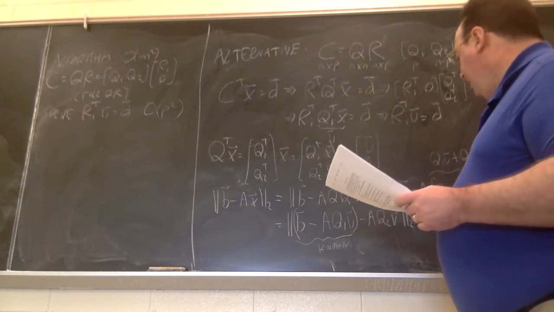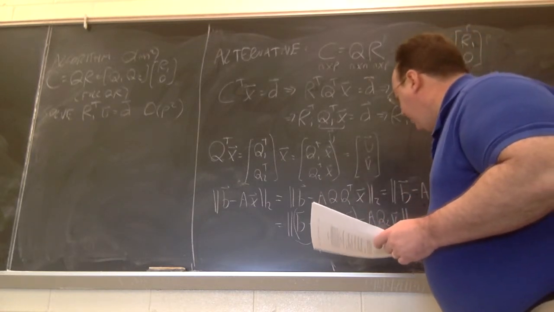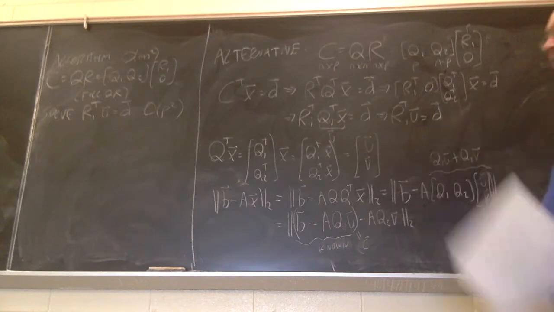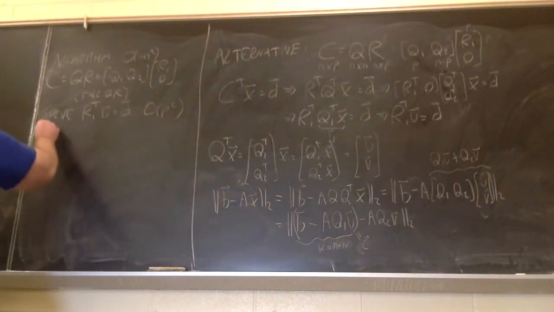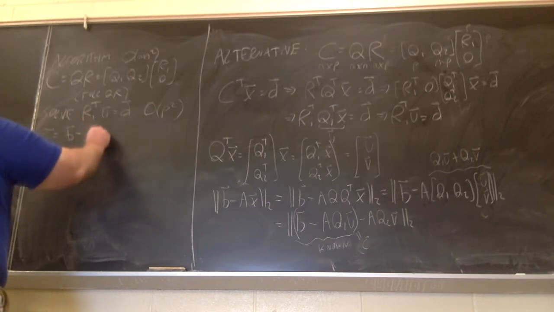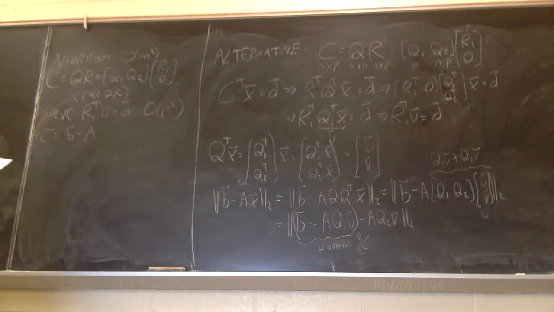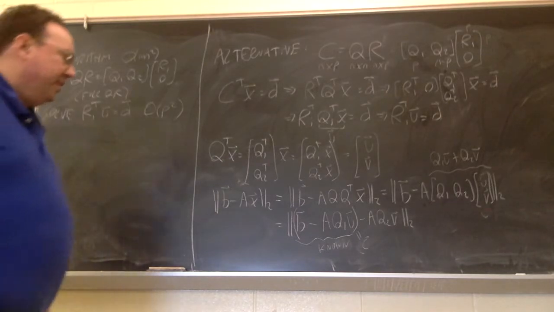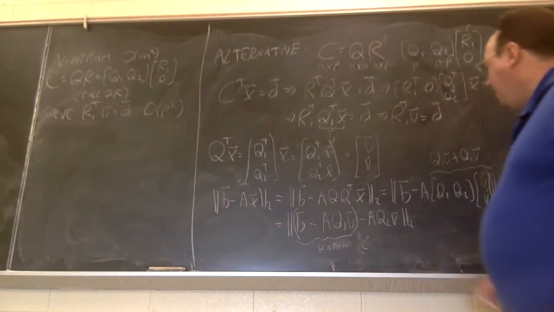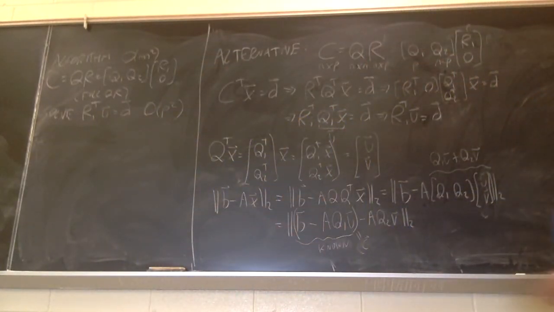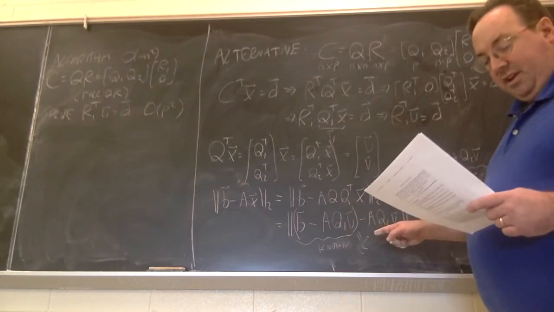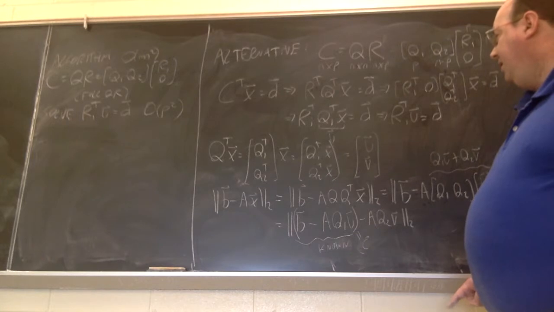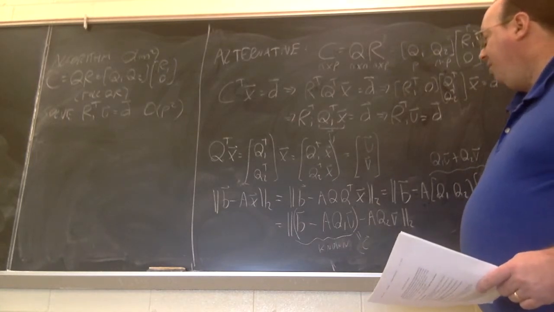So I'm going to call this vector in parentheses C. So I'm going to add that to my algorithm. So C is equal to B minus A. I can't do that yet. I mean, that vector is going to come in handy, but this vector Q1 U I am going to need.